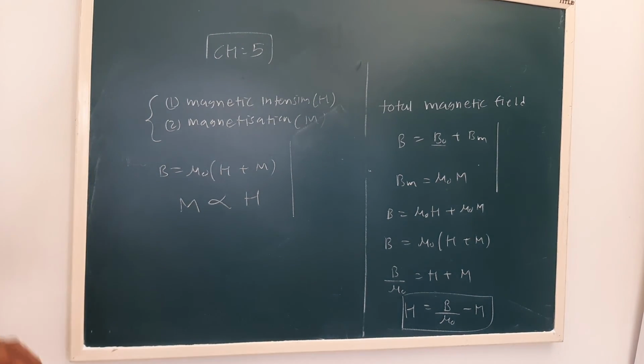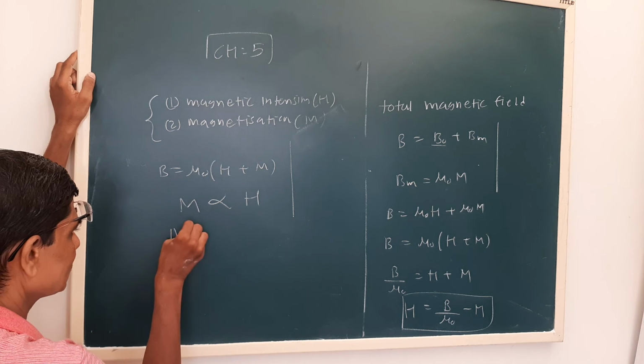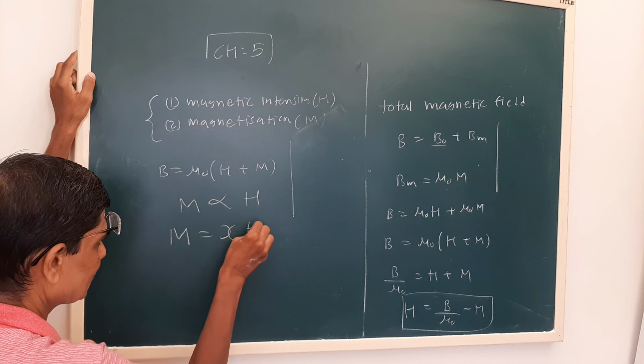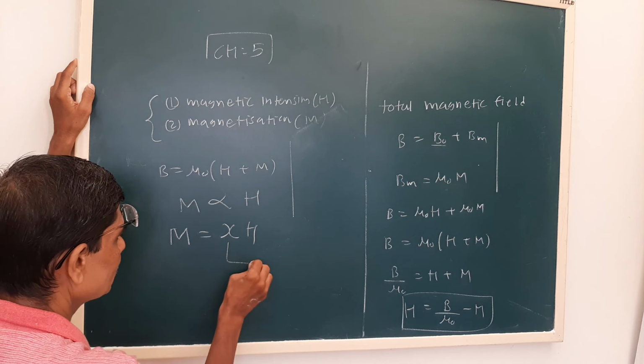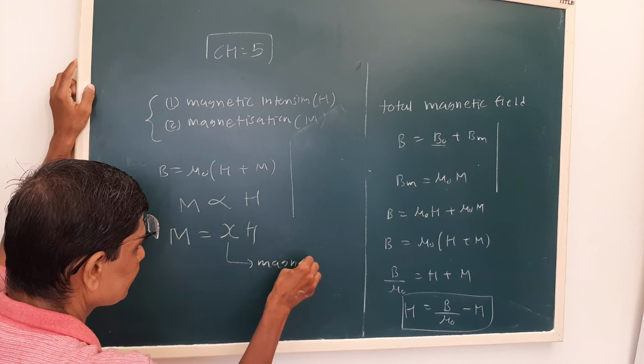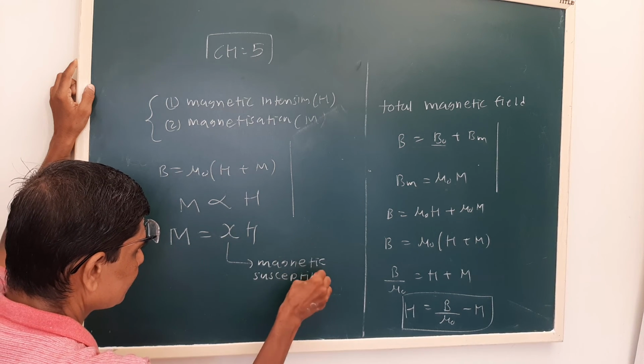Here the experiment shows that the magnetization of a material is proportional to H. So we put some constant here, chi H. Chi is a Greek symbol, and that is called the magnetic susceptibility.